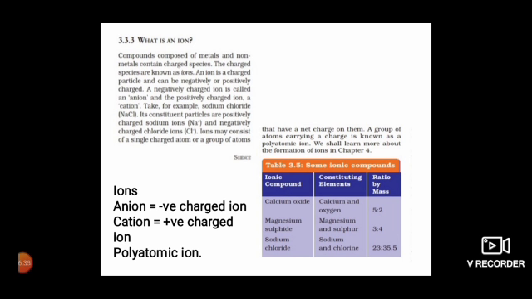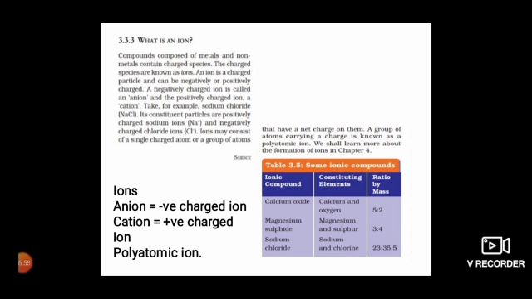What is a polyatomic ion? Sometimes 2 or more atoms all together have a single charge. For example, OH minus: oxygen and hydrogen all together have the minus charge. So that comes under polyatomic ion.